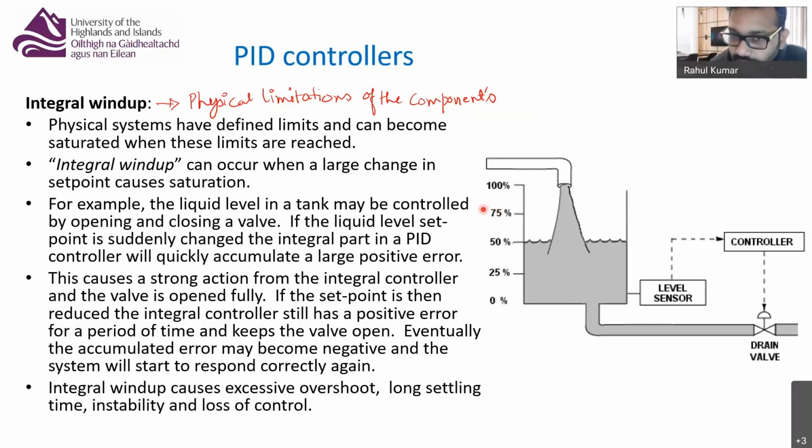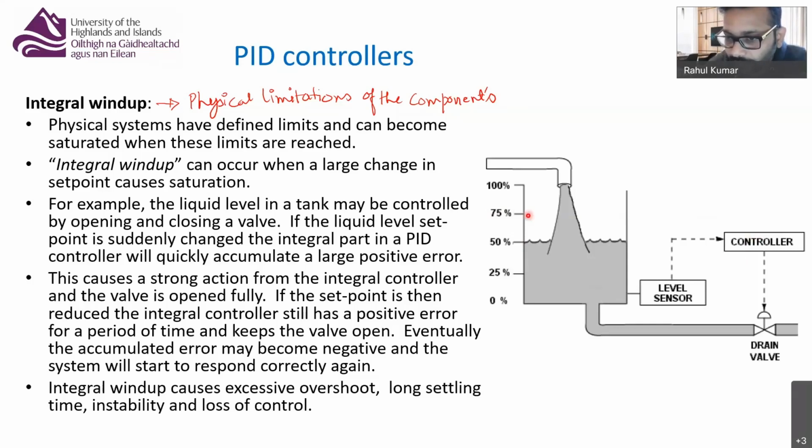But since you have an integral controller, even if this error happens for a very small period of time, the errors will get added up, and accordingly a large control signal will be generated. So even for 1 second, if you change the set point or the level of this tank to 75, the controller will start performing some operation, or it will try to maintain that level.